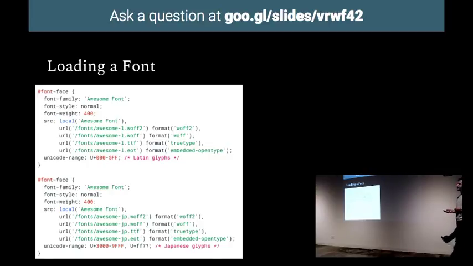On that note, the format hint that you put in here is very important. The browser will not try and predict what type of font file it is and if it supports it. You have to use the format hint. So the format hint is optional. If you don't put it, it will still work. However, say that we do it this way, and our user doesn't have it installed locally, and the browser does not support WOFF or WOFF2, its process will be, okay, don't have it locally installed, WOFF2, or whatever this URL is.